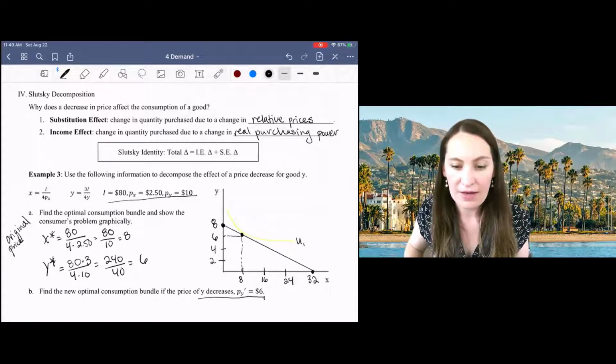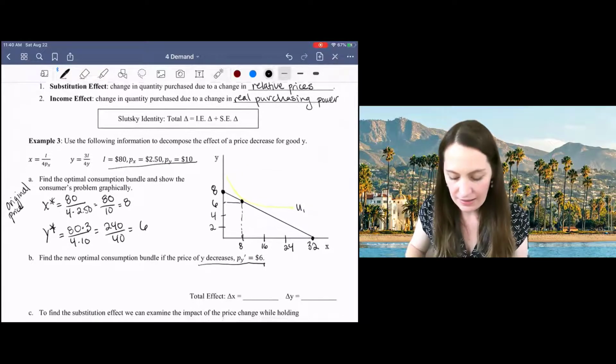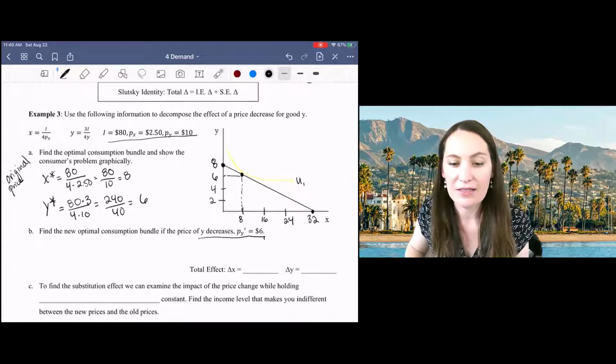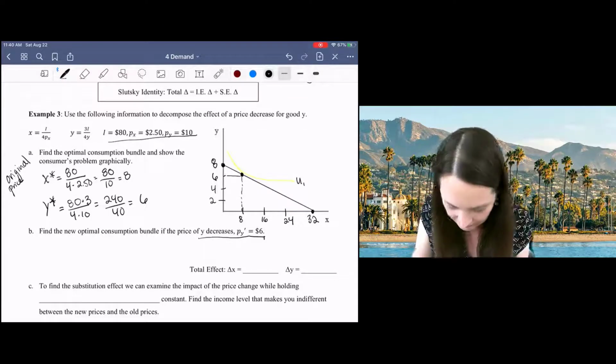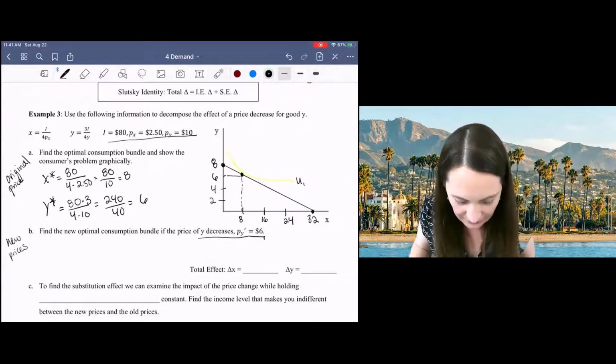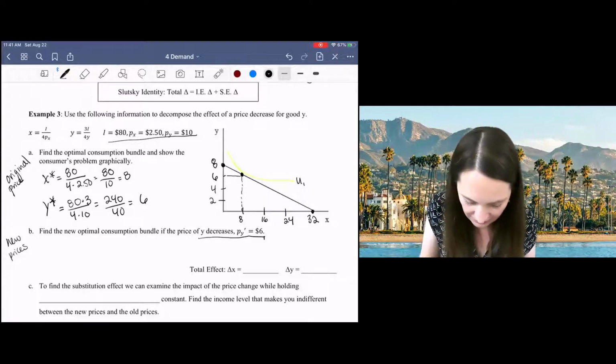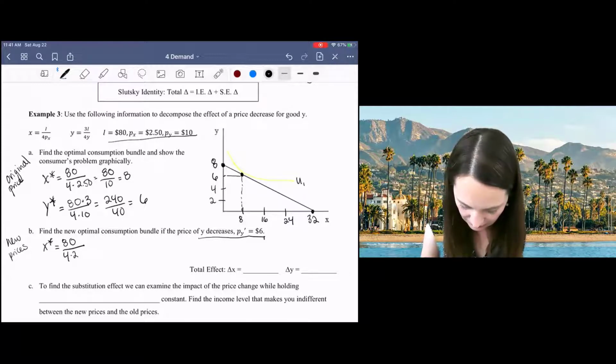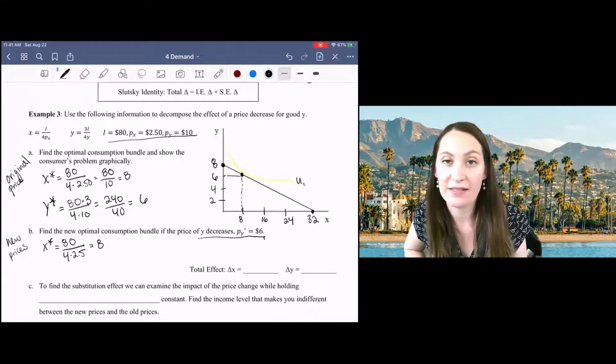Okay, so now what we want to do is show the effect of this change in the price of y. So you can see in part B, the price of y decreases. And I'm going to, again, just plug that into my demand equations to get my optimal choice of x and y.